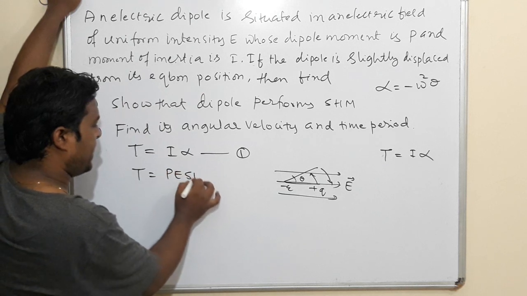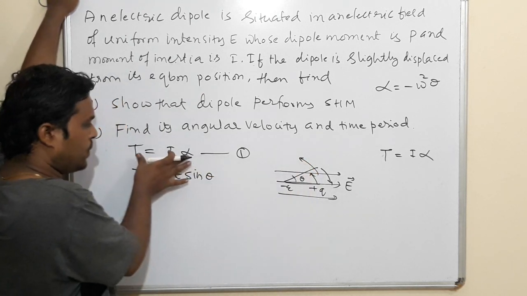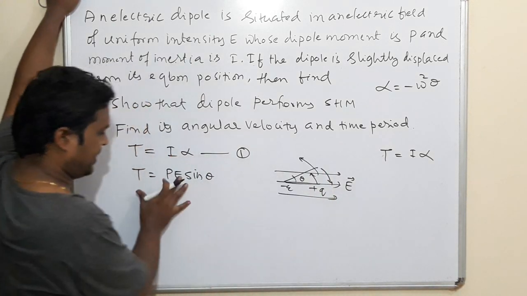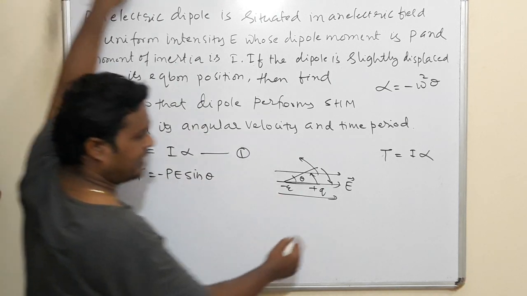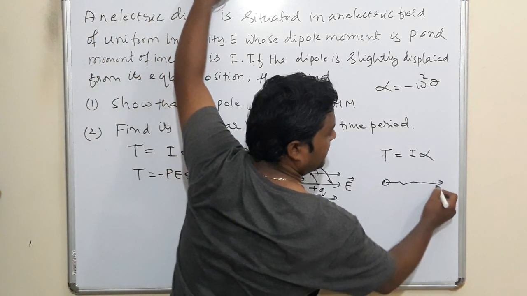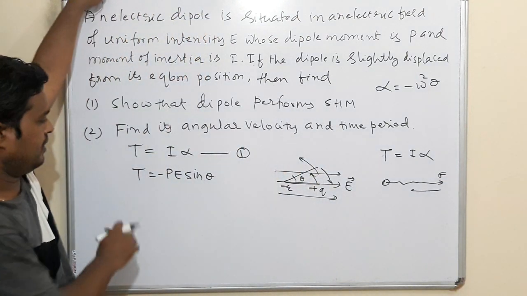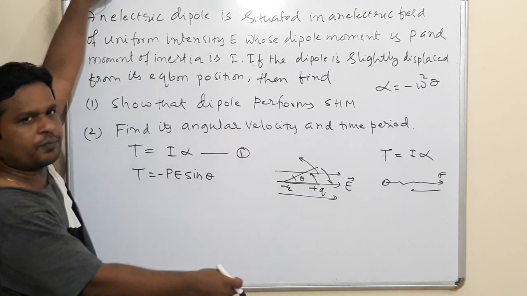Restoring torque is P E sine theta. I rotated like this, I produced this much torque. The torque which it brings back is restoring, which will be opposite to this. Just like if I stretch a spring by applied force, some restoring force will bring it back. Like that, this torque will be bringing that dipole in the direction of the electric field.